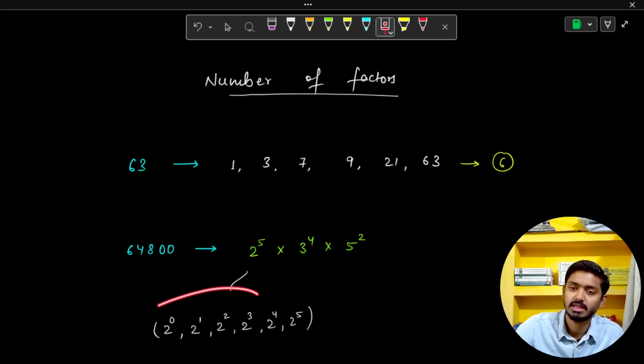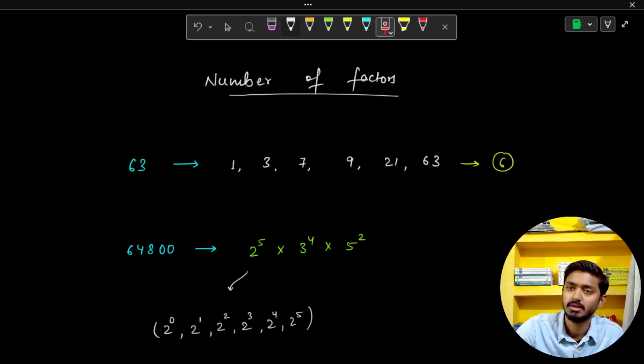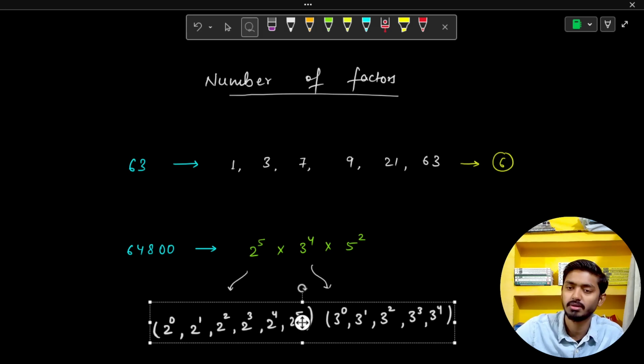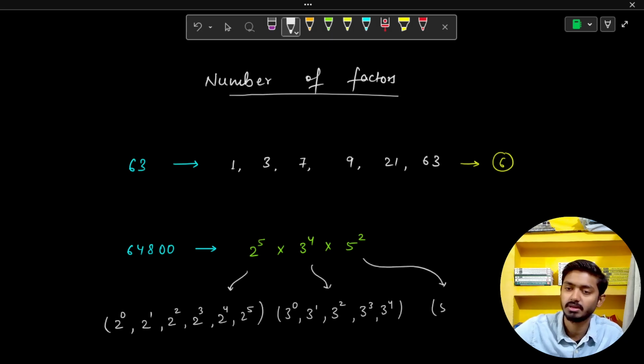All these can be considered the factors of 2 to the power 5. Similarly, 3 to the power 4 has factors 3 to the power 0, 1, 2, 3 and 4. All of these can be considered the factors of 3 to the power 4. And for 5 squared, it would be similar, 5 to the power 0, 1 and 2.